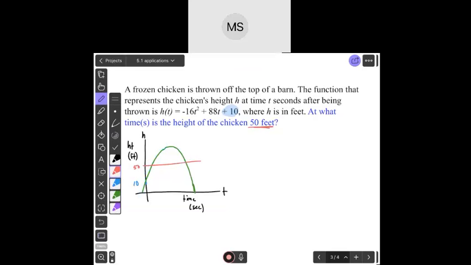So there could be two intercepts there. Another option is that 50 feet is right here at its vertex. So if it went exactly up to 50 feet and then came back down, there'd only be one intercept there. The third thing that could happen is if 50 feet was up here, then the chicken would never make it up there. So we'd have no intercepts there. So those are the options here.